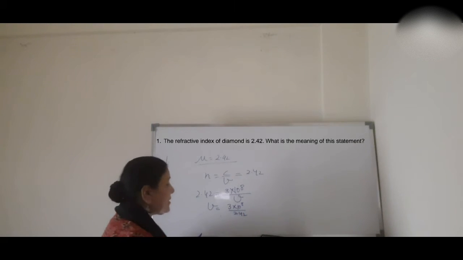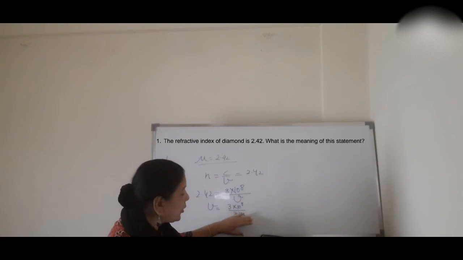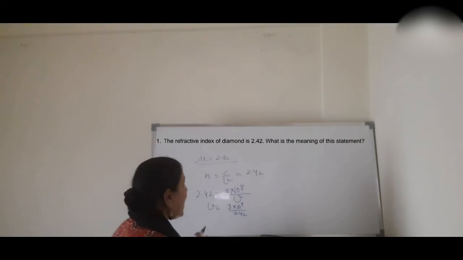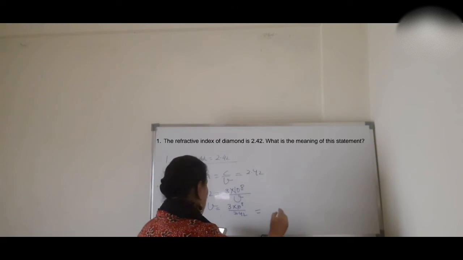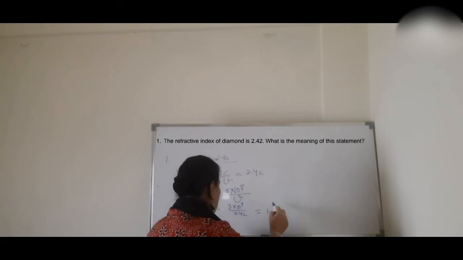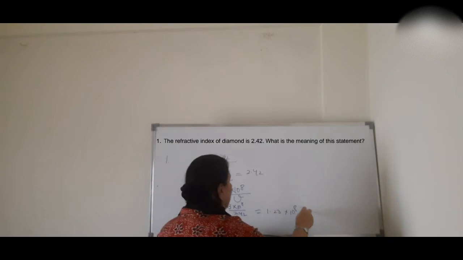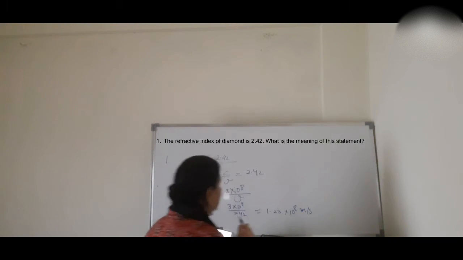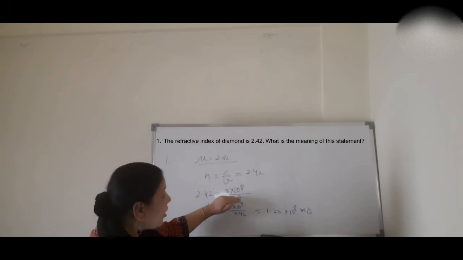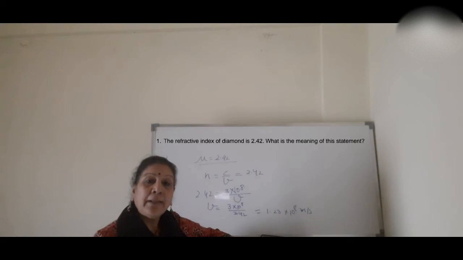So what does it mean? It means that the speed in the medium is reduced by 2.42 times. If you calculate it, it is approximately 1.23 into 10 to the power 8 meter per second, which is 2.42 times lower than the speed of light.